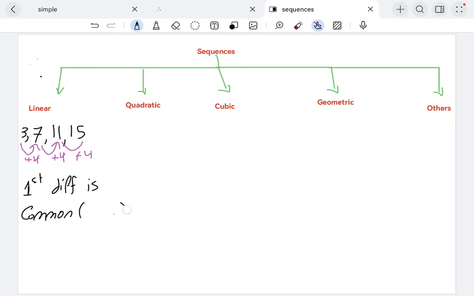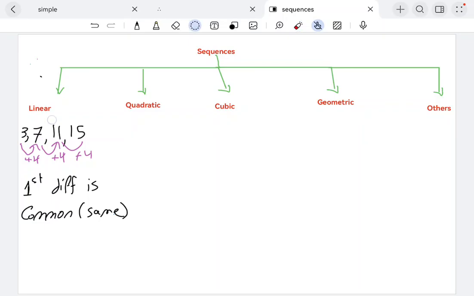Common means the same. The first difference is the same, it is a constant. Every time from one term to the other term we add 4. So 4 here is a constant, and that's the first difference. So that's a linear sequence.